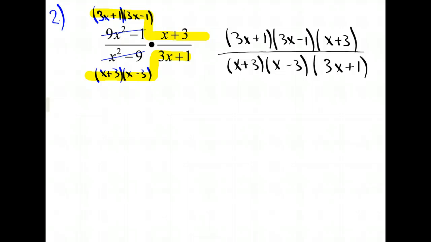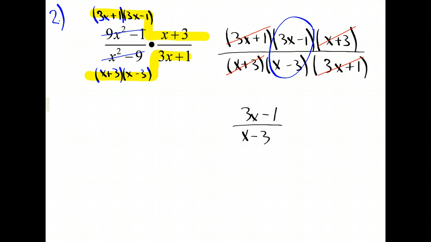There's a common factor, 3x plus 1. So 3x plus 1 over 3x plus 1 is just equal to 1, so I can get rid of it. Same thing with the x plus 3. So the only factors I have left are here and here, which ends up being the final product in simplest form for this one.